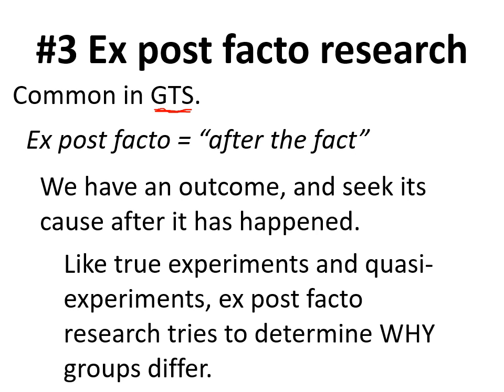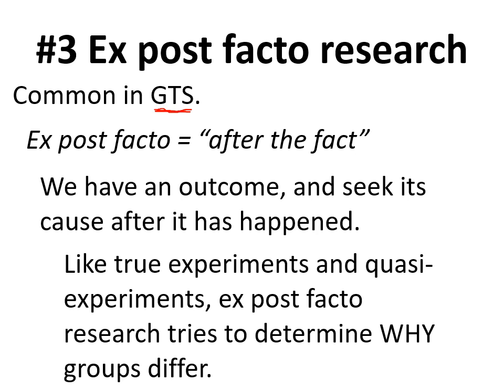Like true experiments and quasi-experiments, ex post facto research tries to determine why, for instance, two different groups might differ. So one example might be to use Statistics Canada data to look at life expectancies across two or more different locations, and then attempt to determine what are the factors associated with longer life expectancies.